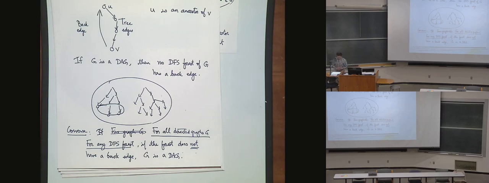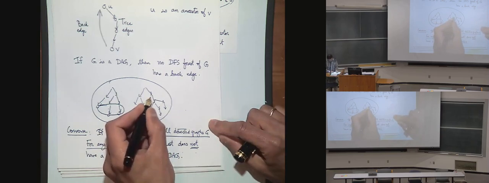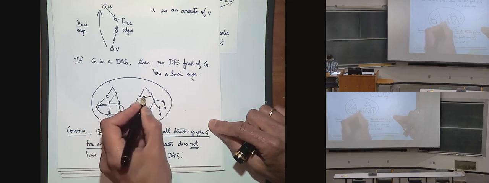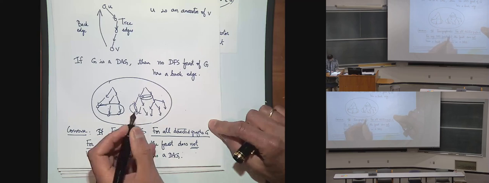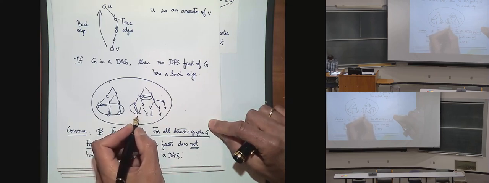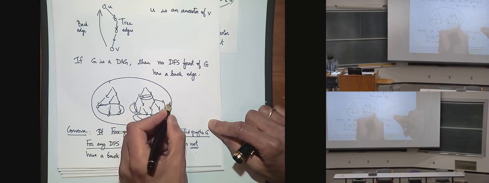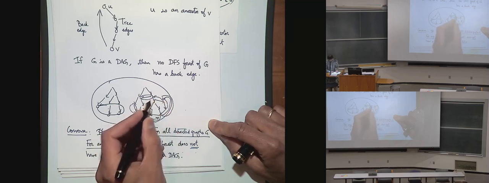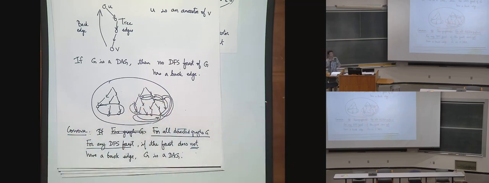Because maybe the cross edges, which are going like that, I'm just going to circle the cross edges, maybe this thing forms a cycle. The cross edges with some of the tree edges and some other edges could come together and form a cycle. How do you know that's not going to happen?